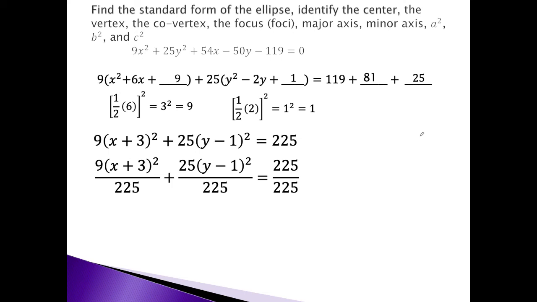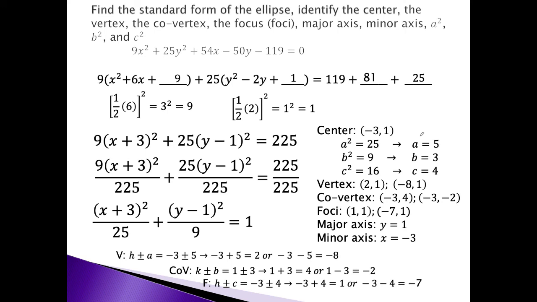Dividing both sides by 225, we have 9 parentheses x plus 3 squared over 225 plus 25 parentheses y minus 1 squared over 225 equals 225 over 225.